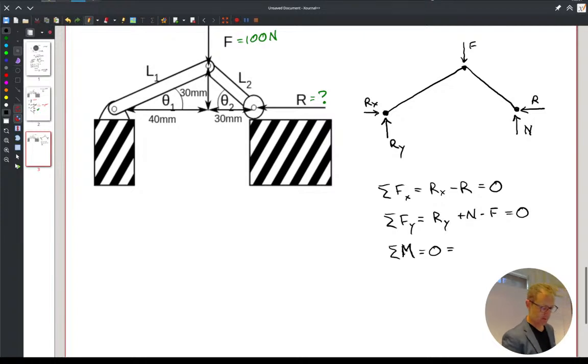So I'll let you think about some of the moments for a little bit. But so far we know whatever Rx is, whatever that reaction force is, that's how much our applied R is. And then we know Ry plus N has to be F. So Ry plus N total has to be 100 newtons. It's going to be some division of the two.